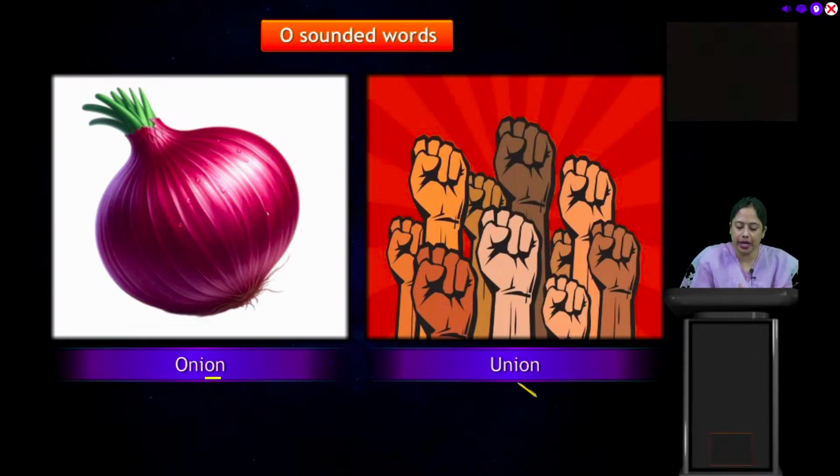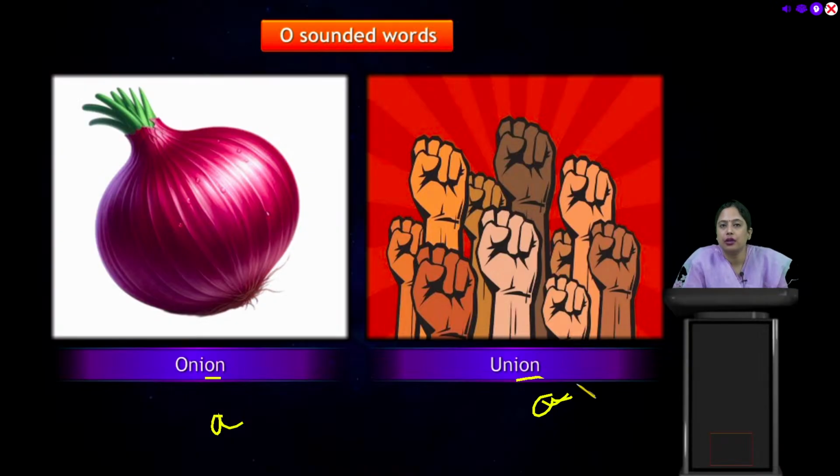The second O here always sounds like A, just like union. So instead of producing the sound of O as O, we produce it as A. Union, onion.